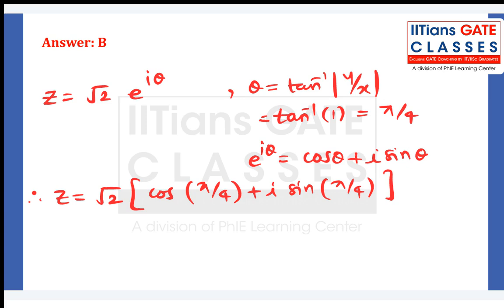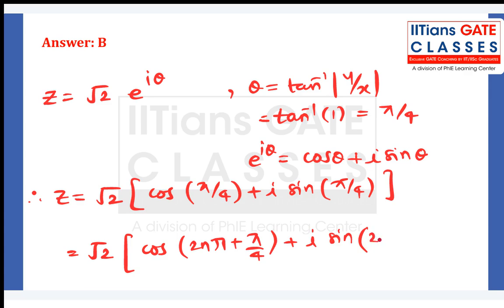So typically you can just add 2 n pi to the argument, and still you'll get the same answer because the period is 2 pi. So 2 n pi plus pi by 4, and here n starts from 0, 1, and for that matter you can go negative also, but typically this is the convention. So this should be your answer.